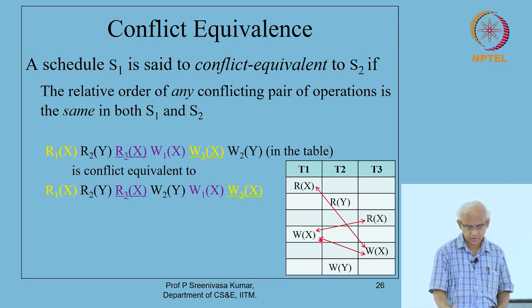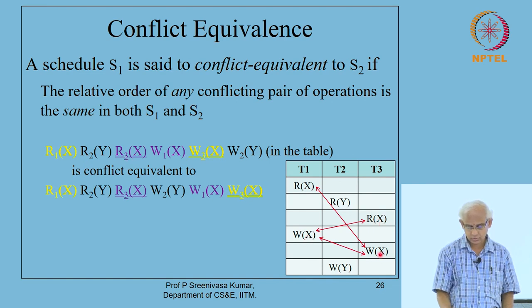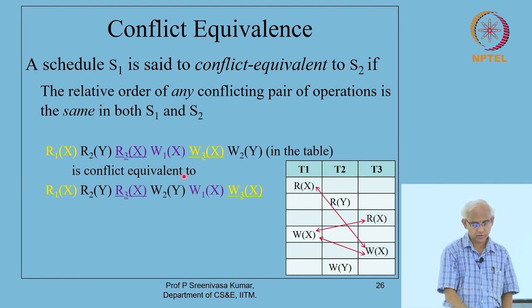So, this is what is there. R1x, this is what is there in the table. R1, R2, R3, W3, W2, W2y, finally W2. Now, this is conflict equivalent to this one.